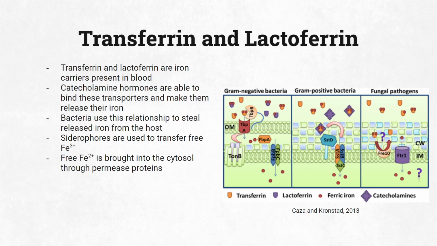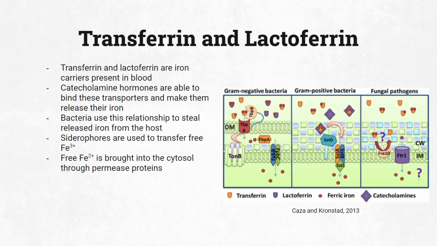So there are permease proteins deep within the cell wall that can bind to that ferrous iron and bring it into the cytosol through a channel to be used by the cell. So, those were just some mechanisms used by bacteria to take iron from the environment that it is in, pass it through its cell wall or cell membranes into the cytosol to be utilized.